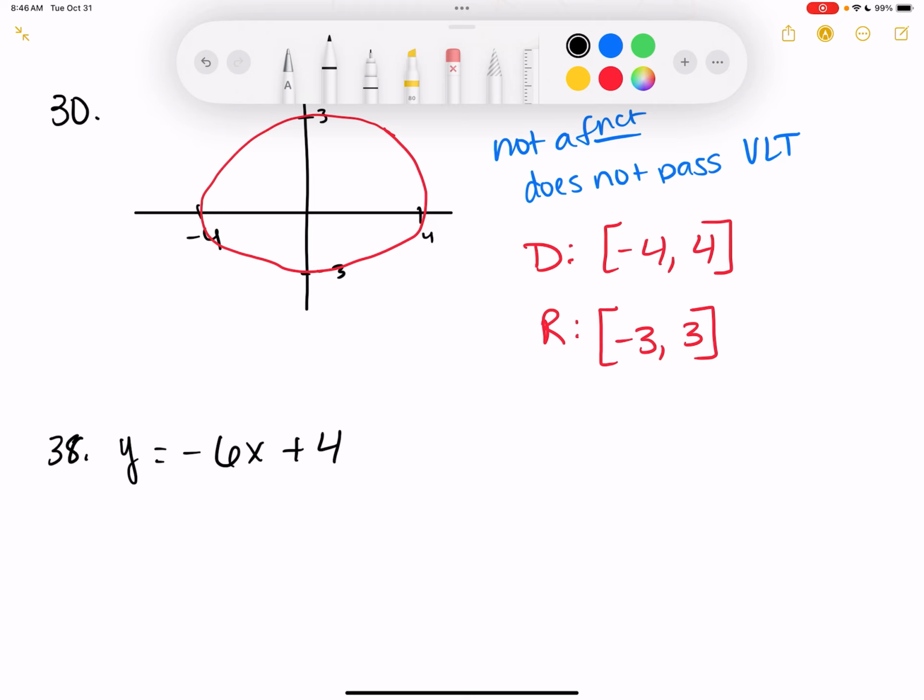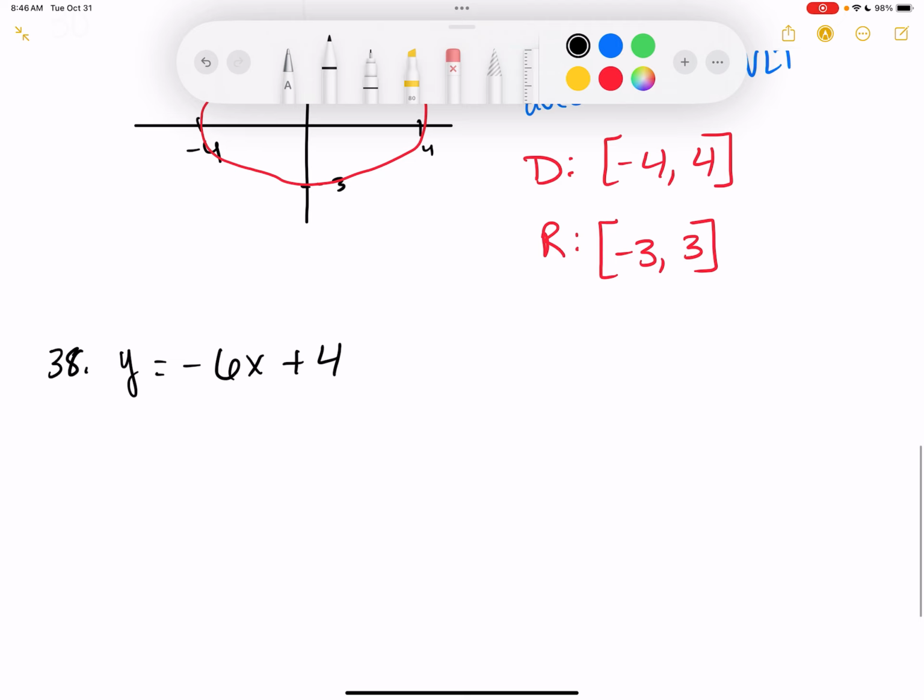What shape? That'd be a line. These don't require you to graph them, but basically up here at 4, and then I would go down 6 and right 1. And then I would have a line.